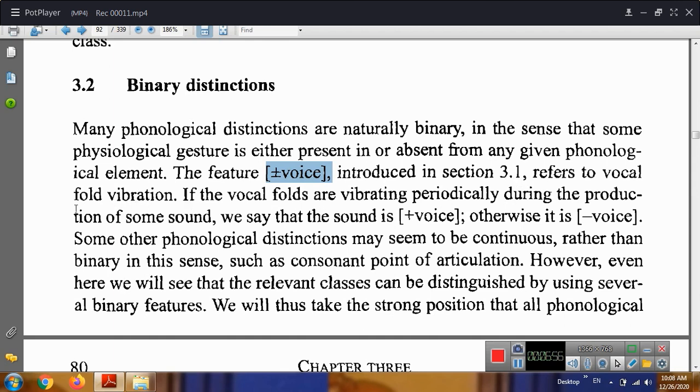If the vocal folds are vibrating periodically during the production of some sound, we say that the sound is plus voice.